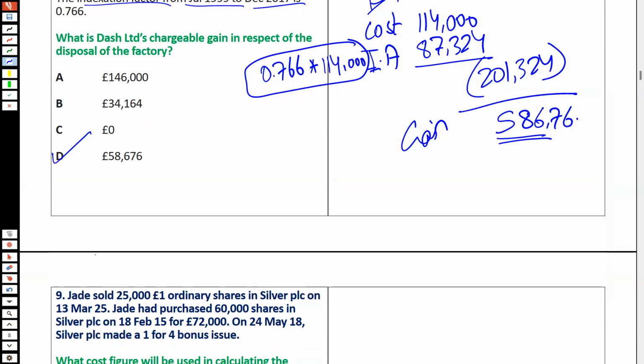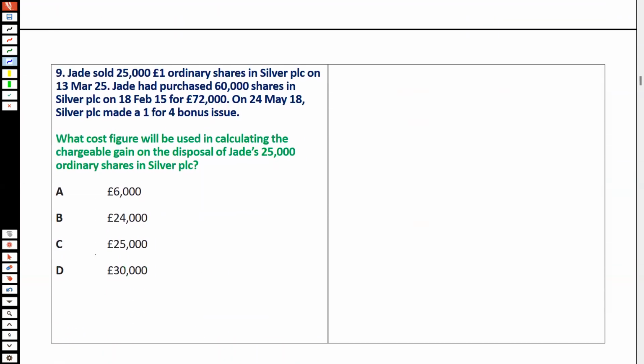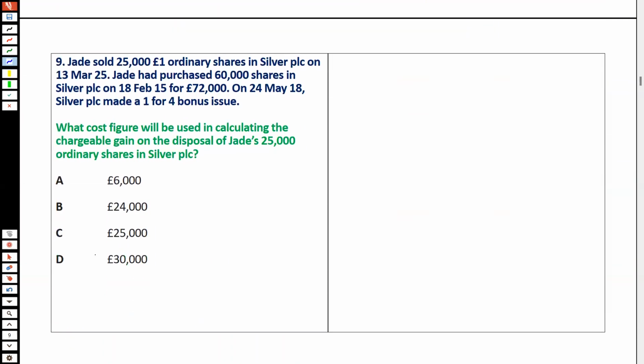Yes, Umer. Jade sold 25,000 £1 ordinary shares in Silver PLC on 13th March 25. Jade had purchased 60,000 shares in Silver PLC on 18th Feb 15 for 72,000. On 28th May 18, Silver PLC made a 1 for 4 bonus issue.